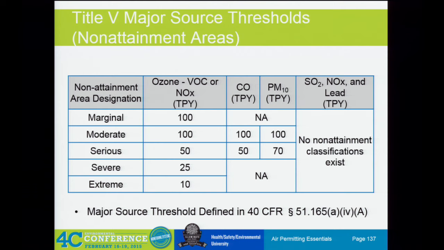Your major source thresholds for non-attainment areas are lower. If you're in a severe non-attainment area for ozone, for example, you have a threshold of 25 tons, and that applies to your Title V permits as well. So this is the trigger for non-attainment permits, but it's also the same trigger for your Title V permit in this case, which is slightly different than the PSD threshold.